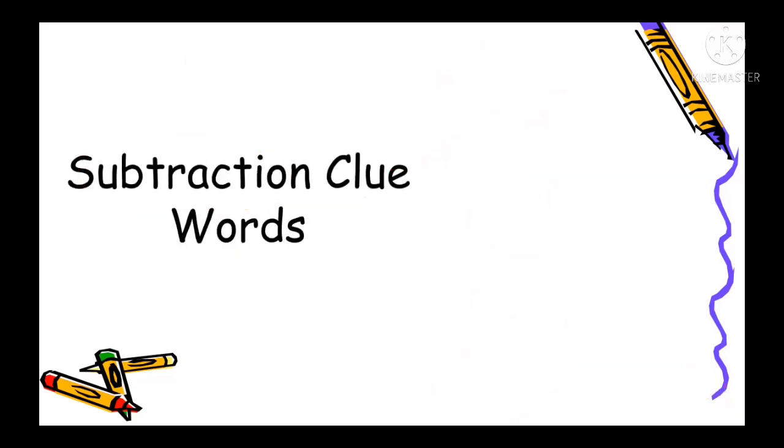So these are the words or phrases that we can identify in a problem that is for subtraction. First one, how many more? If you will just see "more," that is addition.